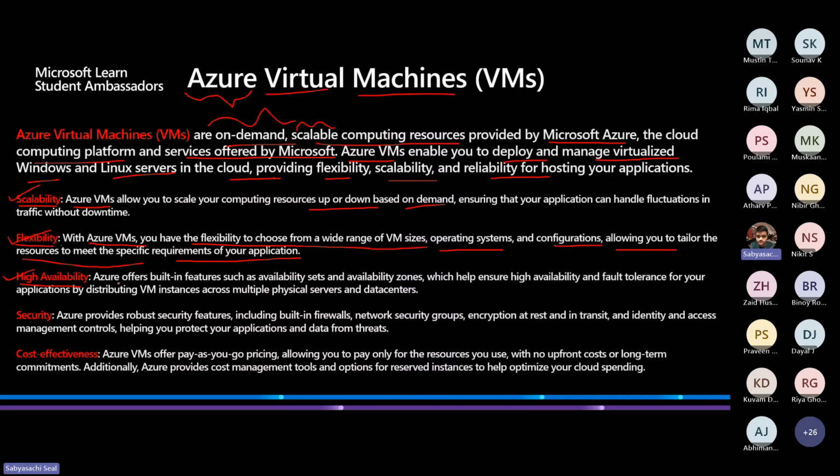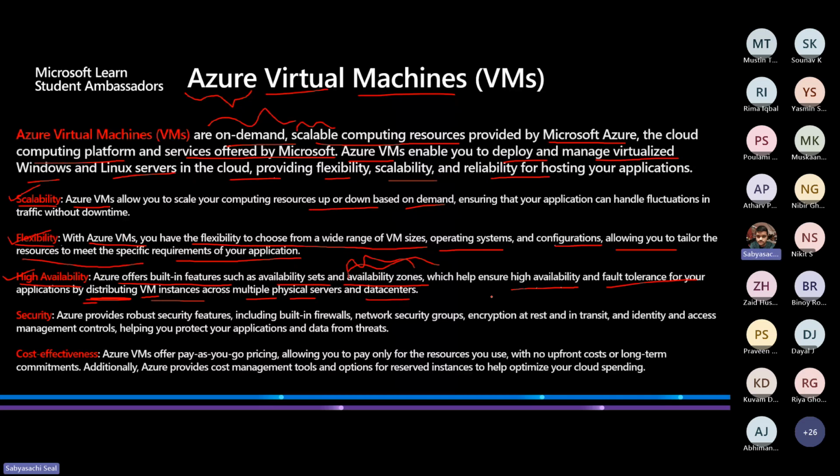So Azure offers built-in features such as availability sets and availability zones. I'll tell you what that is. They help you ensure high availability and fault tolerance of your applications by distributing VM instances across multiple physical servers and data centers. So basically, an availability zone is a place where I can say my application will be available. Azure offers you multiple availability zones. So what happens if one zone goes down?